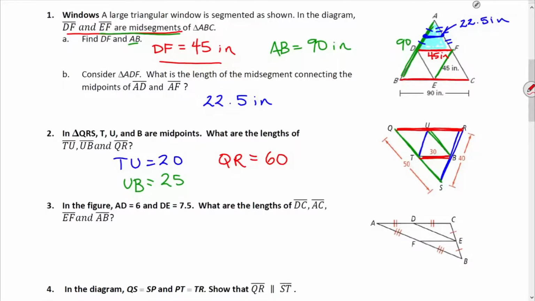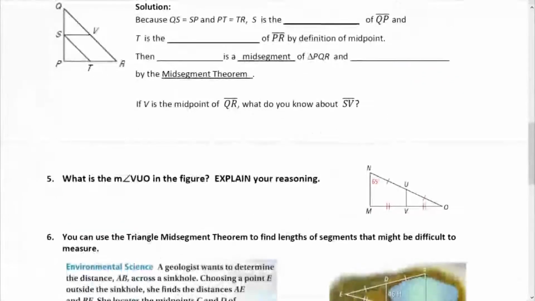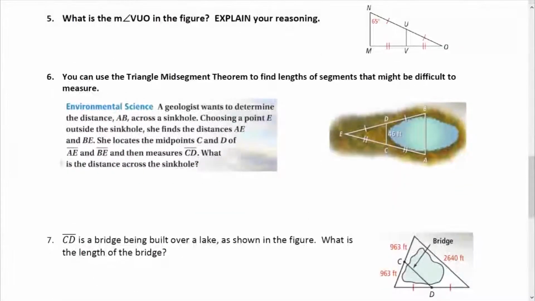There's one more I want to look at together that has to do with the lines being parallel, and that's being important. Number 5 says, what is the measure of angle VUO? VUO is right here, and that's all I really have to go off of in the diagram.